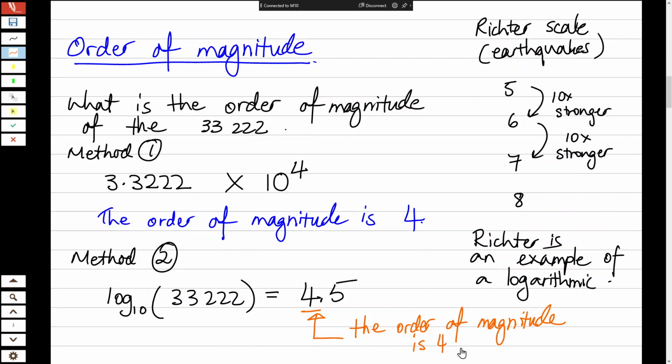Wait, so should we write down what is the order of magnitude of the 33222? Yeah. So your answer is 4. Can you split that? Yeah, of course.